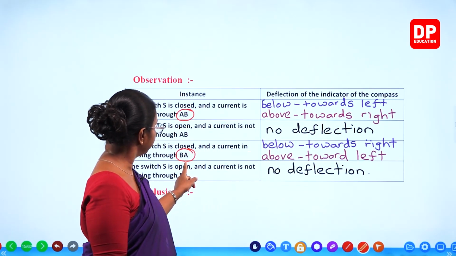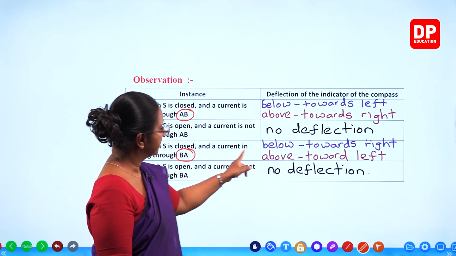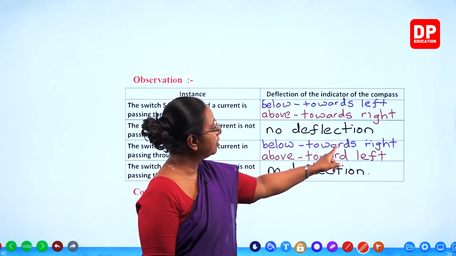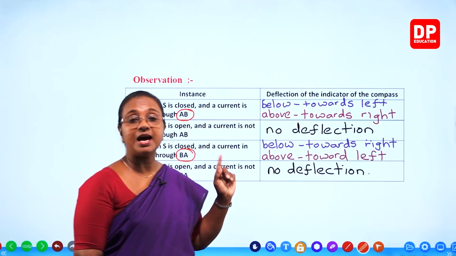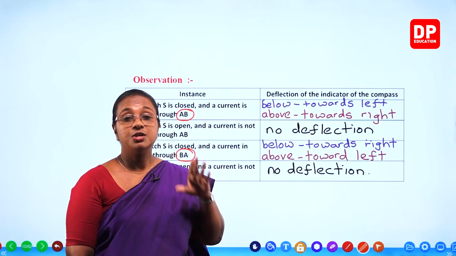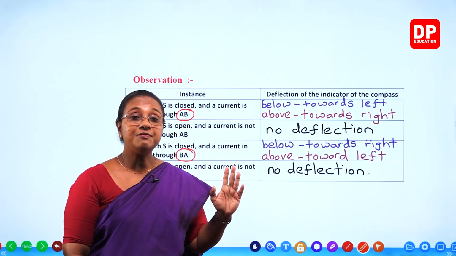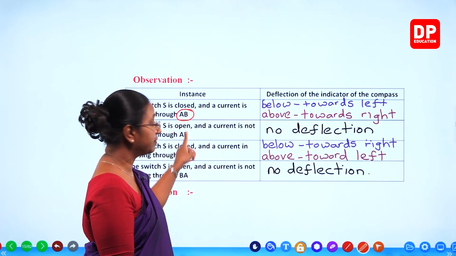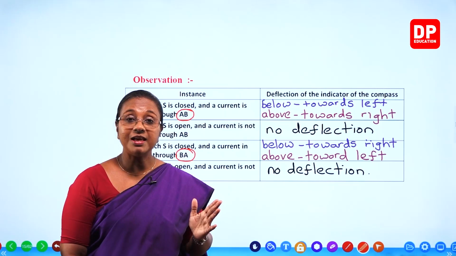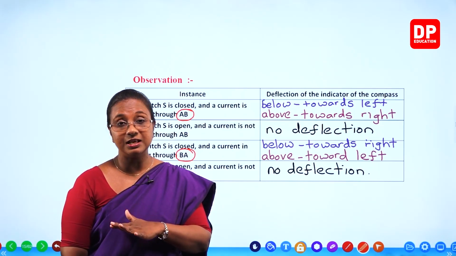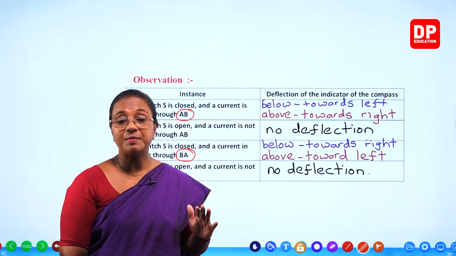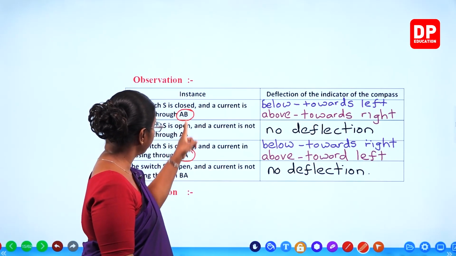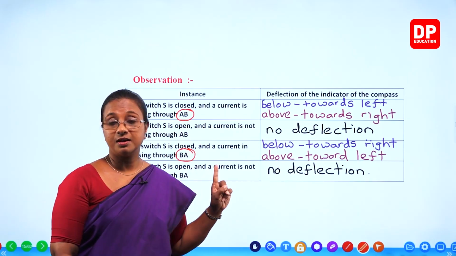But when the current is passing from B to A, still the compass is below, the deflection is towards the right, opposite direction. So that means the deflection depends on the direction of the current flow. Now this deflection indicates the magnetic field. So the direction of the magnetic field depends on the direction of the current flow.